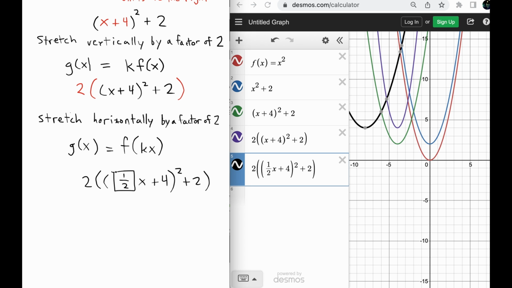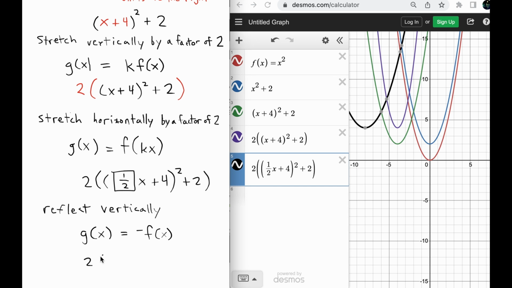Okay, next we might want a reflection. So I'm going to say reflect vertically. Alright, for that, all we have to do is take the original function and put a negative on it. But the negative has to go on the whole thing.